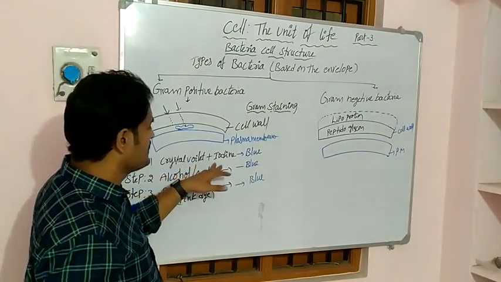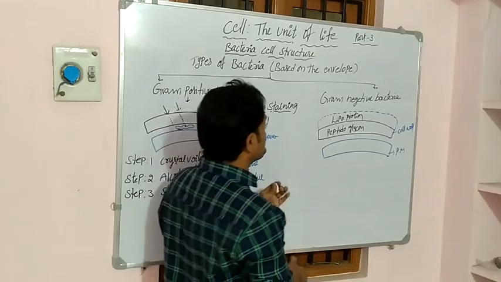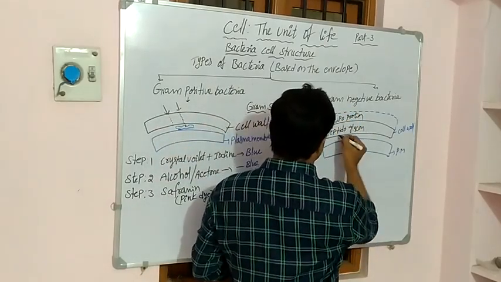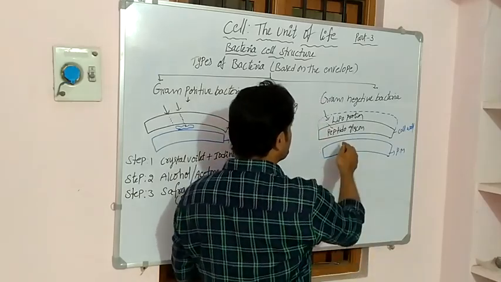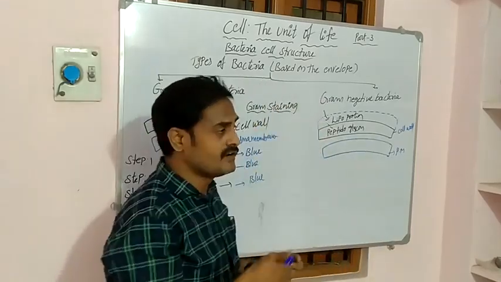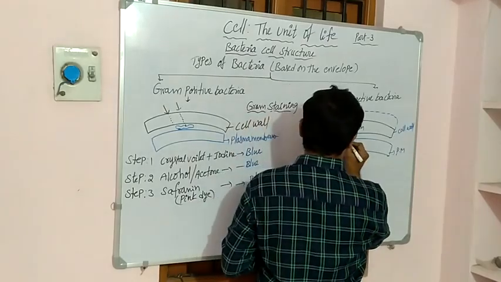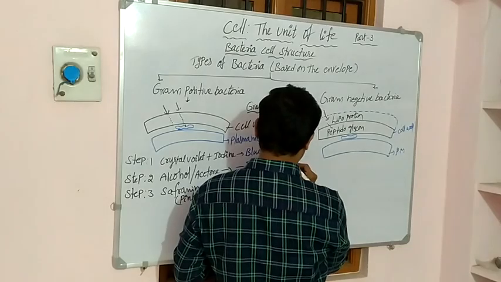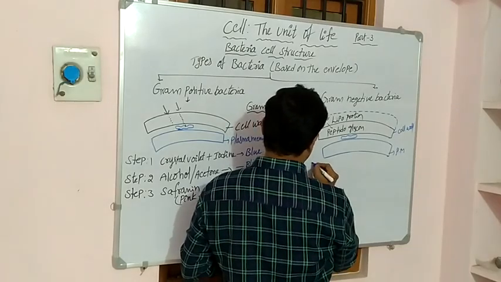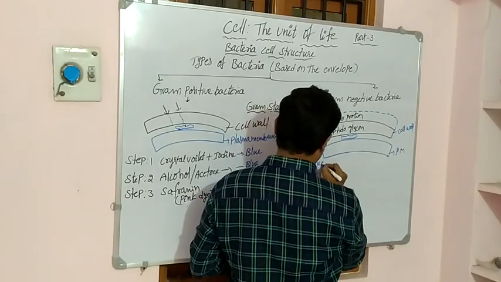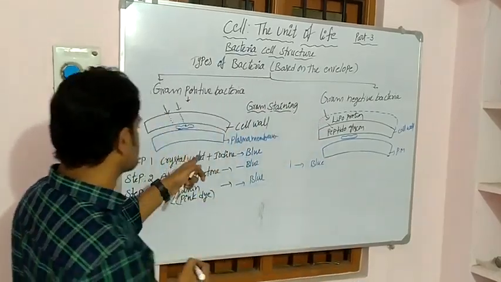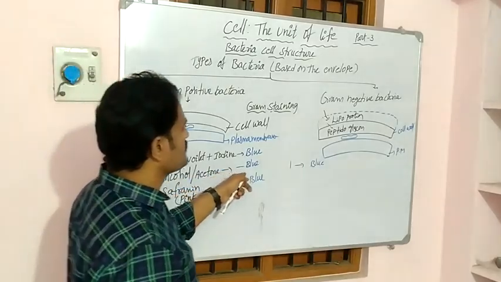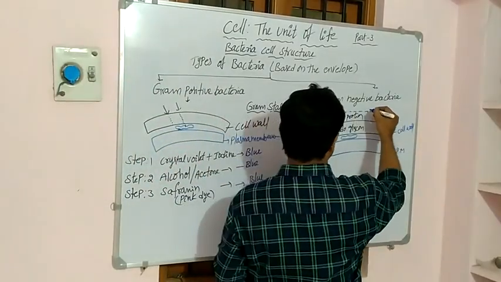First, the crystal violet plus iodine solution is given to the cell wall here. Then it also reaches into the middle of the plasma membrane and cell wall, and it forms blue color here also. In the first step, it also forms blue color. Then going to step 2, alcohol or acetone is given to this cell wall.